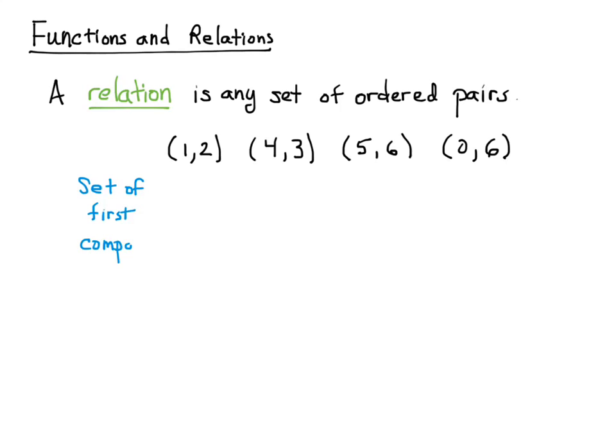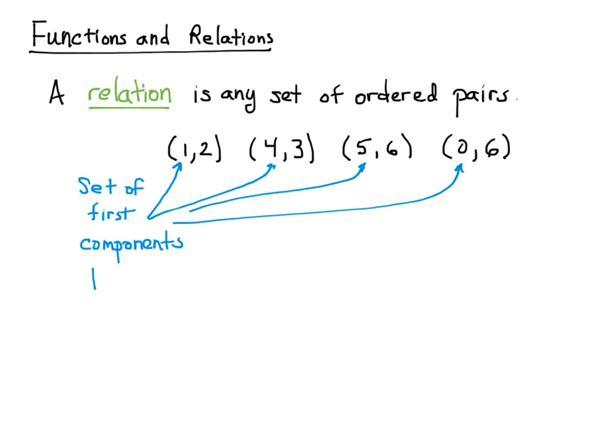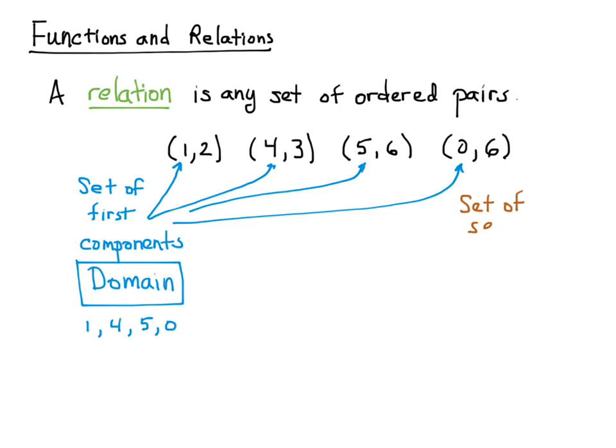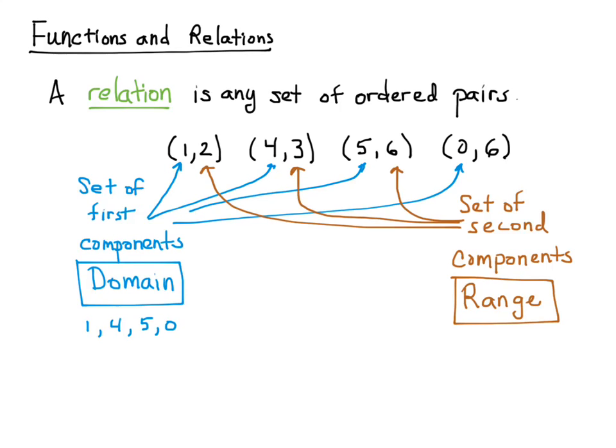The set of the first numbers is called the domain. Domain is a set. There's nothing really that tricky or fancy about it. And then the set of the second numbers, the components, is called the range. In this case we have 2, 3, and 6 as being the range.